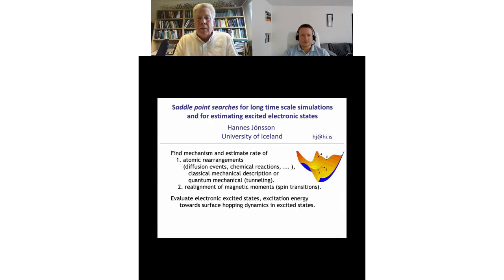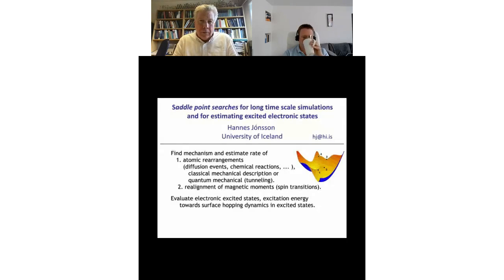So one can be dealing here with the rotations of magnetic moments, and we're doing quite a bit of work on that. There are these interesting localized non-collinear magnetic states that can possibly be used for future high-density data storage and things like that, called skyrmions.